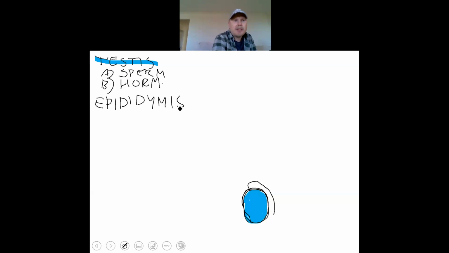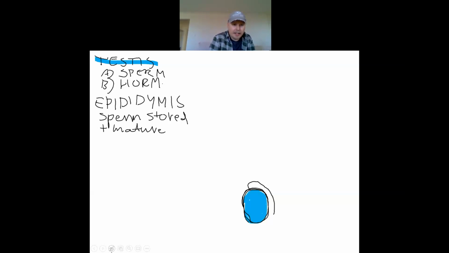So that's where the sperm is stored and matures. And we can add that again with a color coding so we know what's going on there.